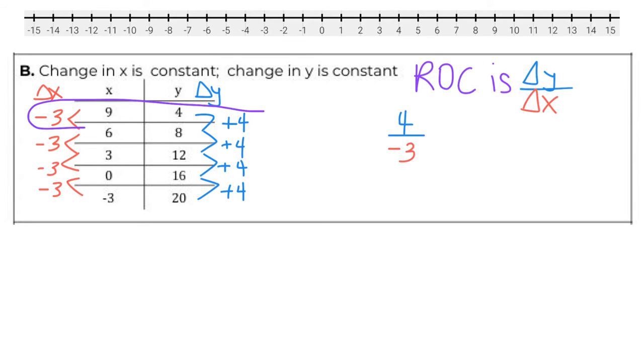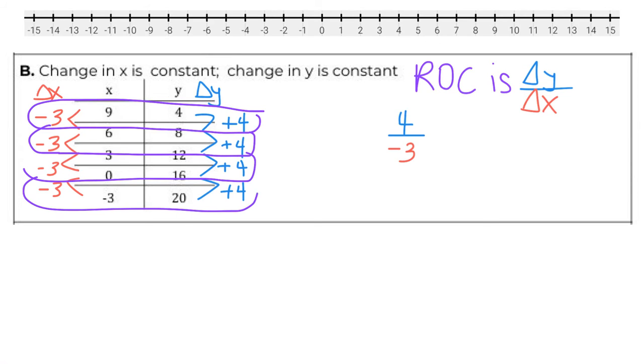Because each change in y over change in x is identical, we can say that they are constant, which means that it is a constant rate of change, or a constant 4 over -3, and that this table represents a linear function. Let's talk quickly about unit rate for this scenario.